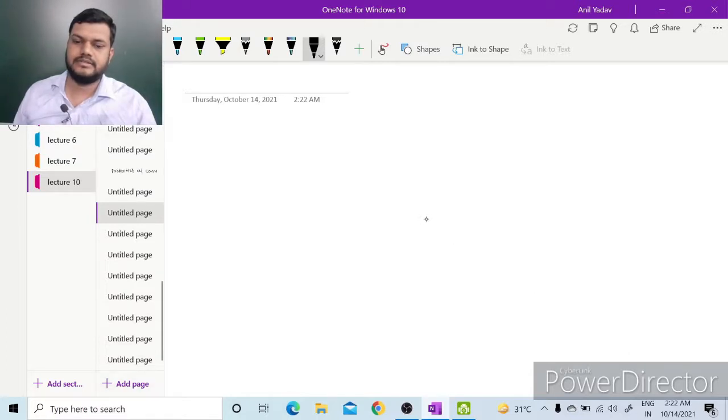Next, we have to see properties of convolution integral depending upon linearity, or we can say linearity property.